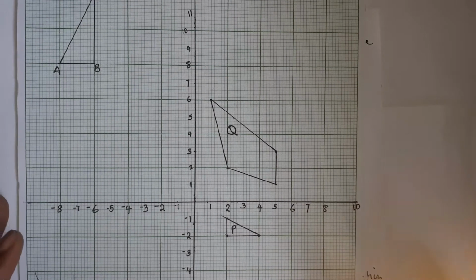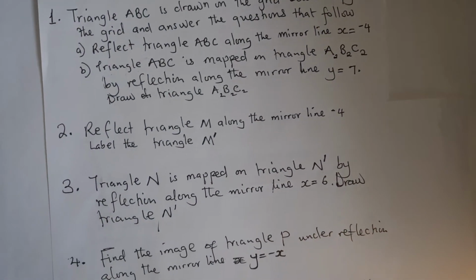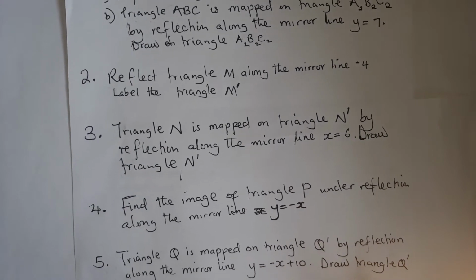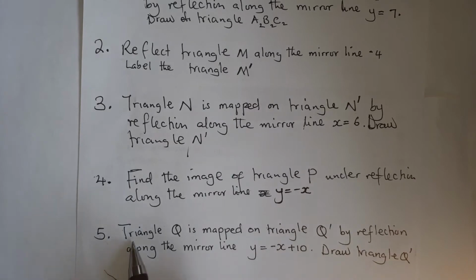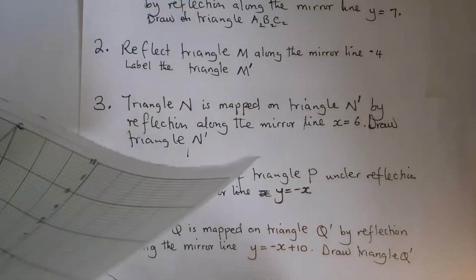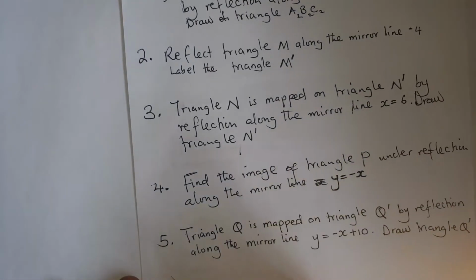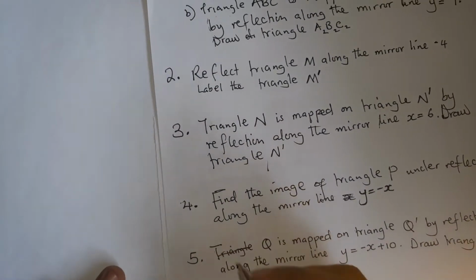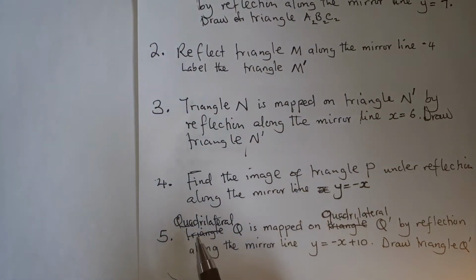It's important to note that there was a mistake here on question 5. Question 5 talks about a triangle Q, but this is not a triangle, so we can make a correction here. We change this from a triangle to a quadrilateral.